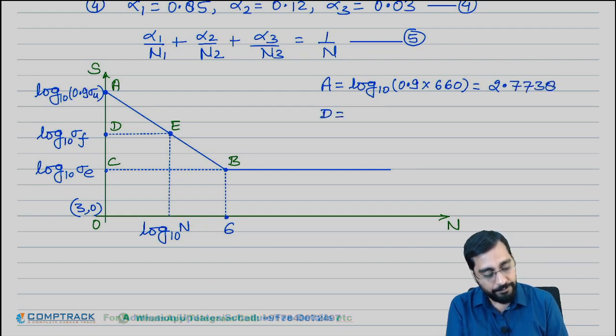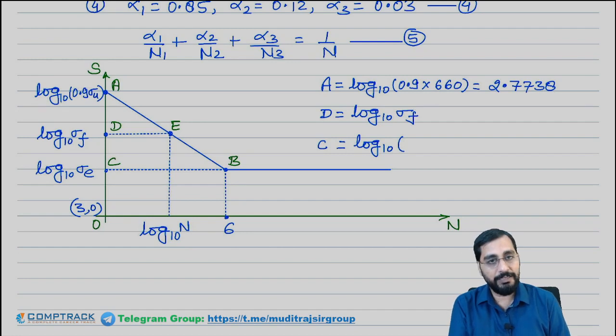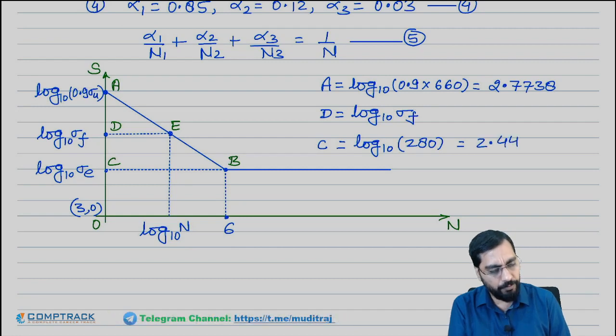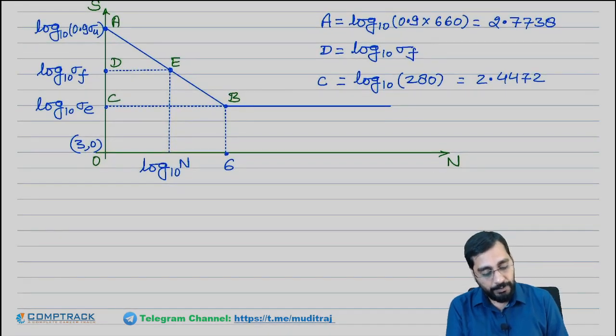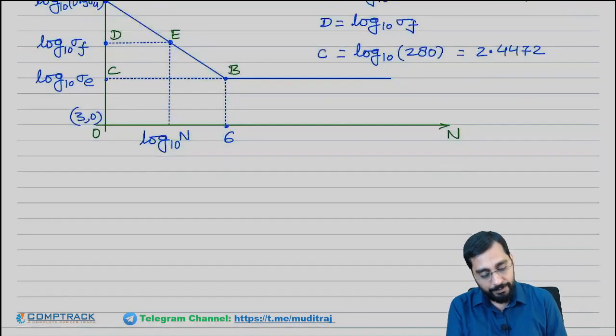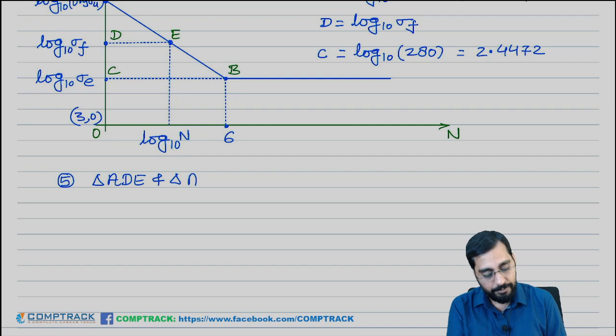Then D value. D value will be log 10 sigma f, any general. Then C value, log 10 sigma E, 280. So this is equal to 2.4472. Got the point? Now again, compare the triangle ADE and triangle ACB.